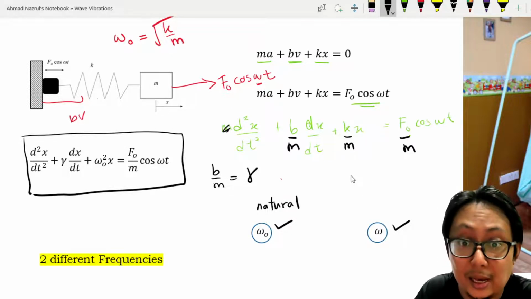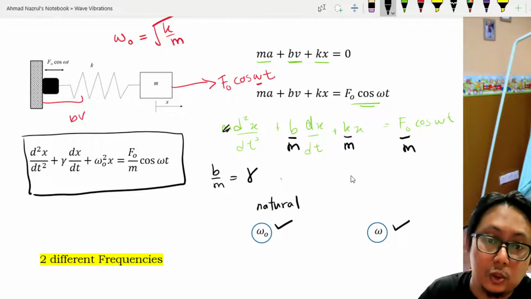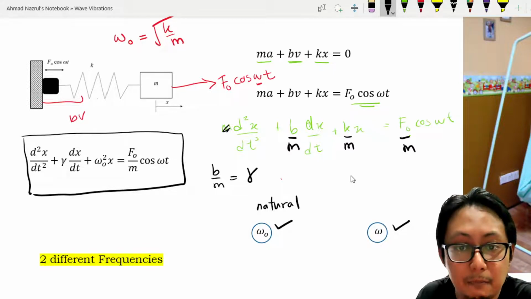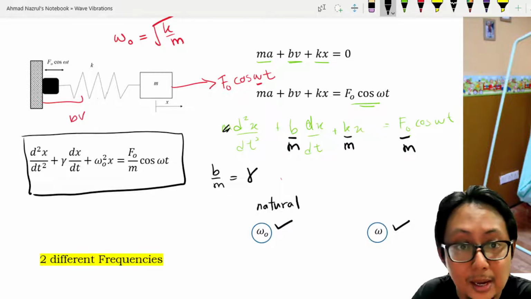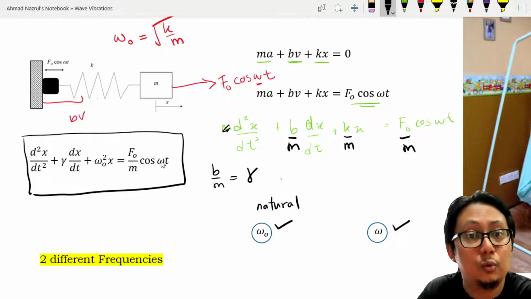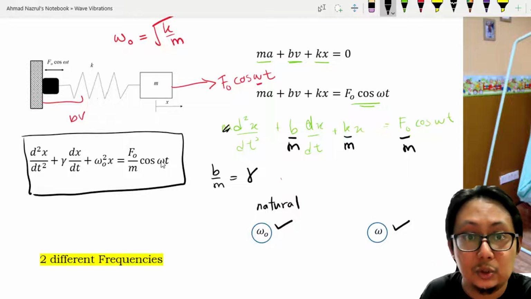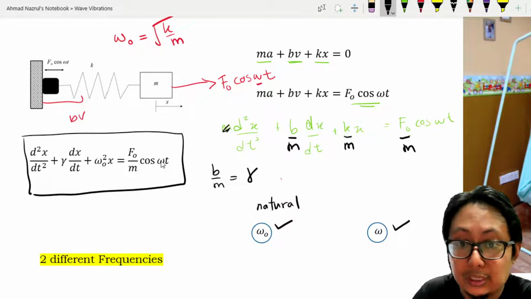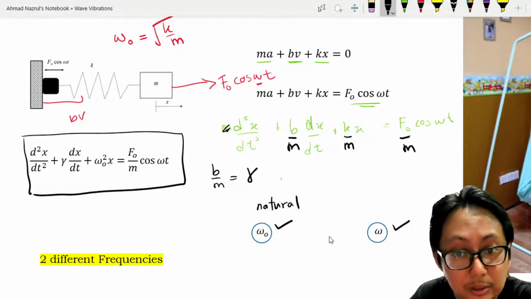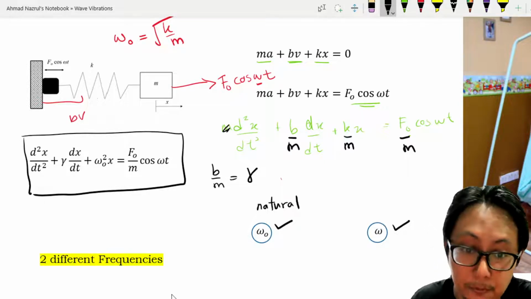So we have two different frequencies. We already know omega naught, but we don't know exactly what omega is, since omega is being given to the system. We force the mass-spring system to follow omega. Whether we want it fast or slow depends on omega, not omega naught. So what we are dealing with here is what we call the steady state solution.